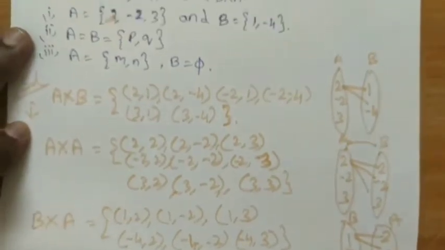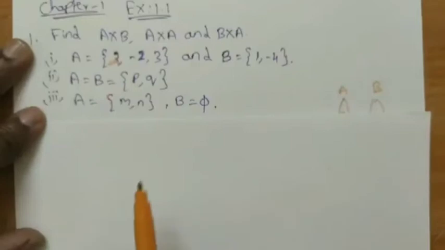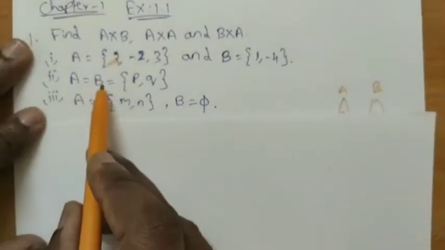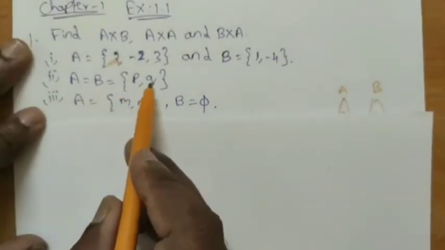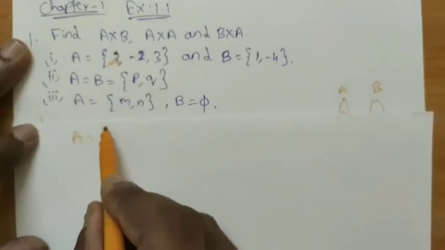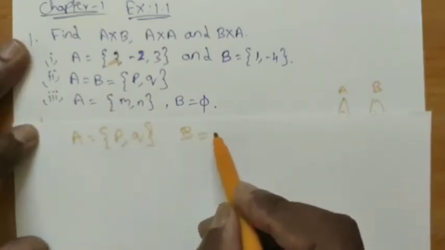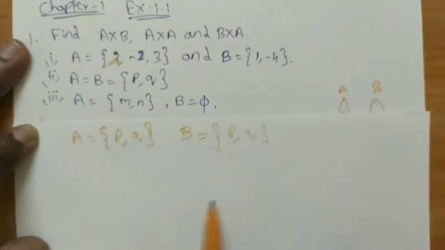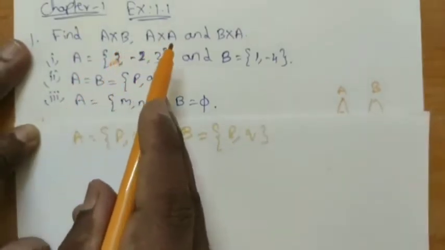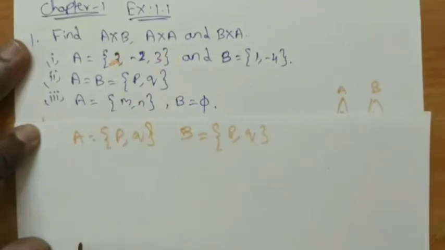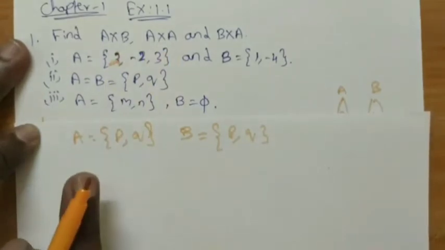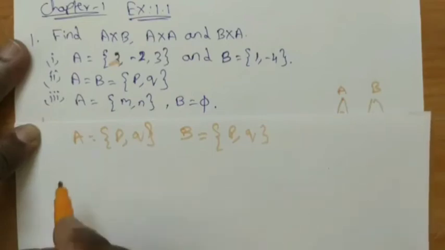Next we see the second Roman number. See the second Roman number: A is equal to B, right? Both sets A and B are the same. Let me take A as {P, Q} and then set B is equal to {P, Q}. Now we have to find A into B and B into A and A into A. By the condition, we know that A into B is equal to B into A, since both sets A and B are equal, right?